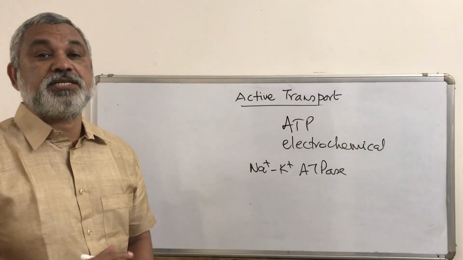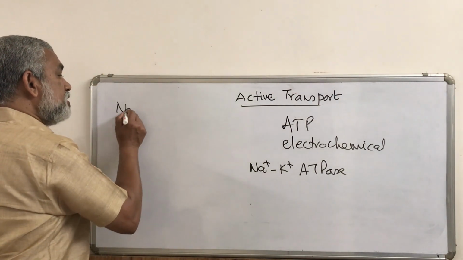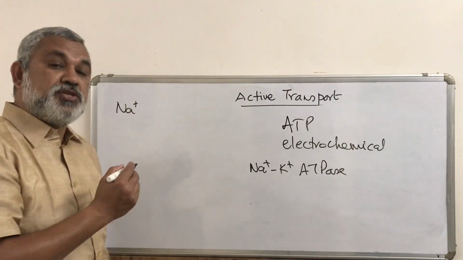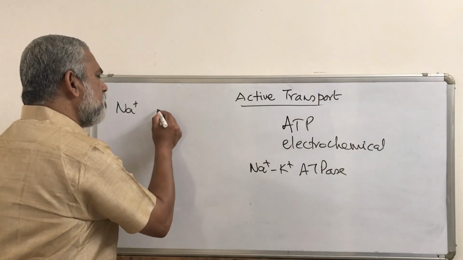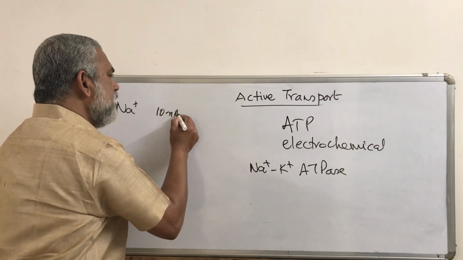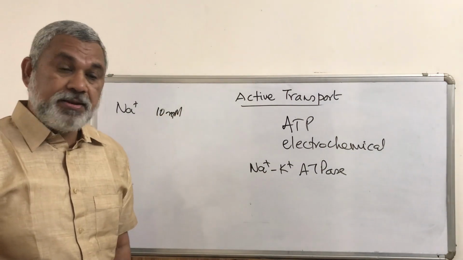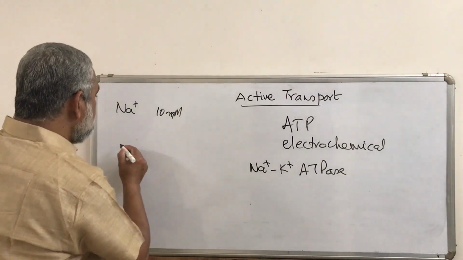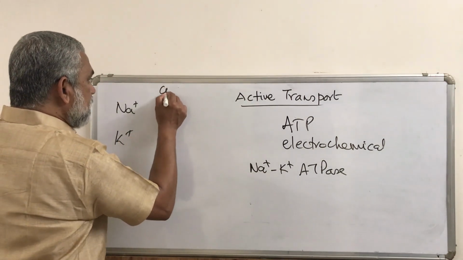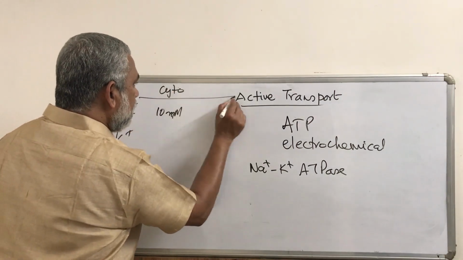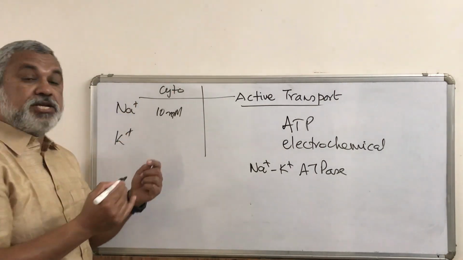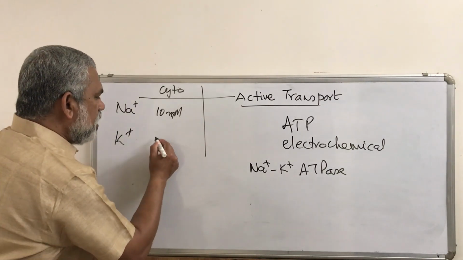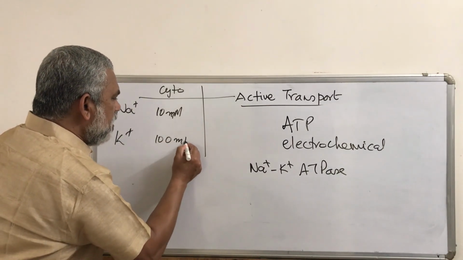When we look at the concentration of ions on the cytosolic side, the concentration of sodium ions is only about, let's say, 10 millimolar, and potassium ions in the cytosolic side is somewhere around 100 millimolar.